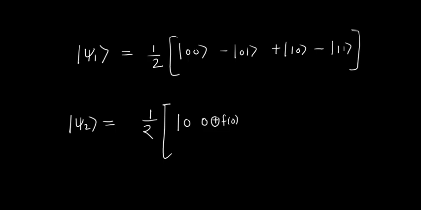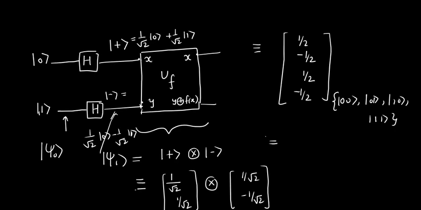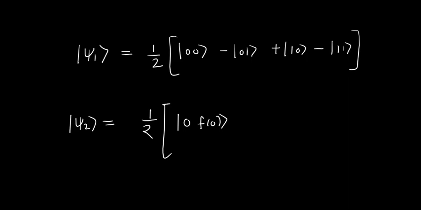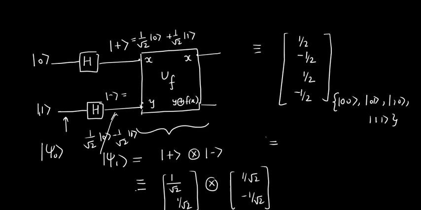So if you see that if you apply modulo 2, or you can see it as an XOR also, it will not change anything, right? So whatever is f(0), it will be f(0). So whenever the input to this Uf is 0 0, you will get this.